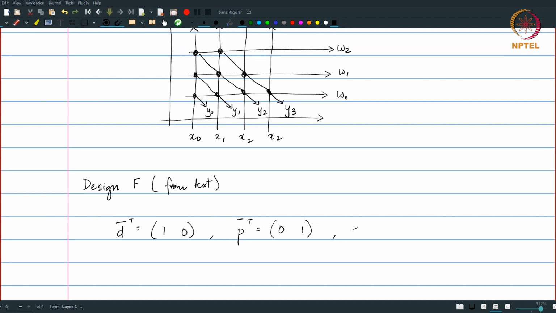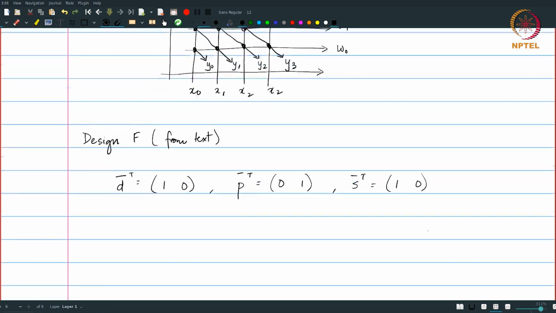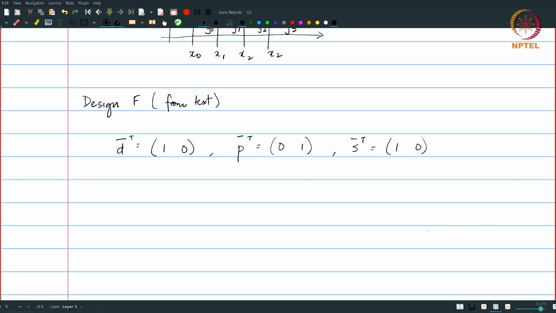I also need to choose a value of S. The only constraint on S is that S transpose D must not be equal to 0. One example that I can choose over there is 1, 0. As you can see, 1, minus 1 would also be perfectly valid, 1, 1 would be perfectly valid, etc. All of those would give me S transpose D not equal to 0. But with this set of choices, what can I do about the computation of the three edges that I have in my system?